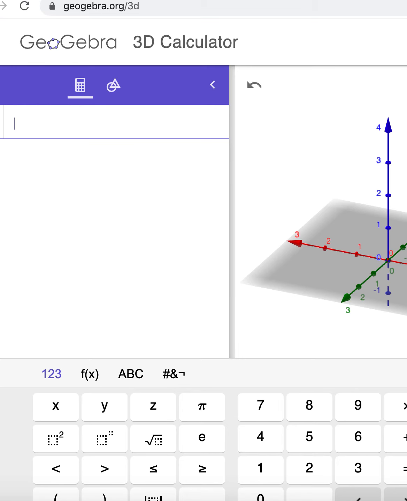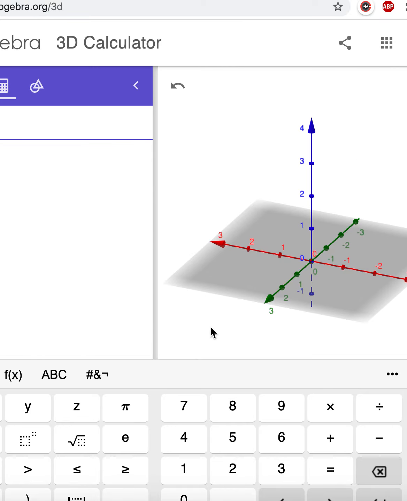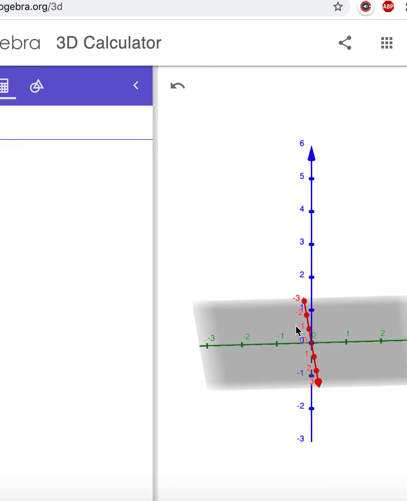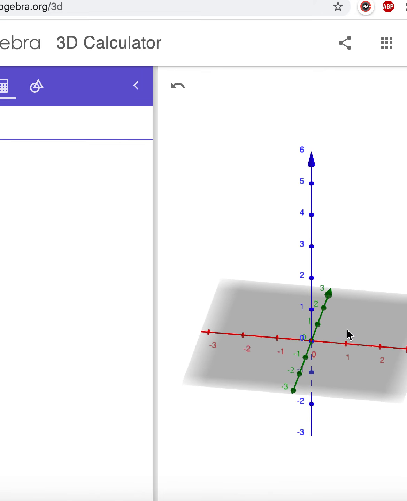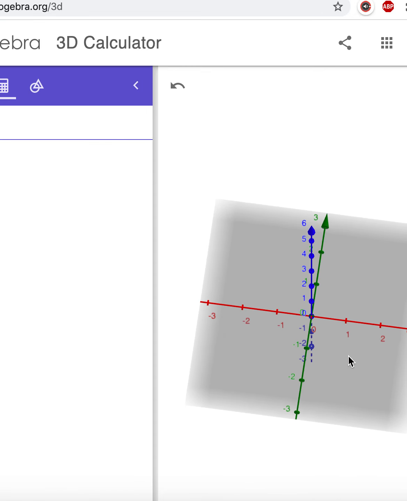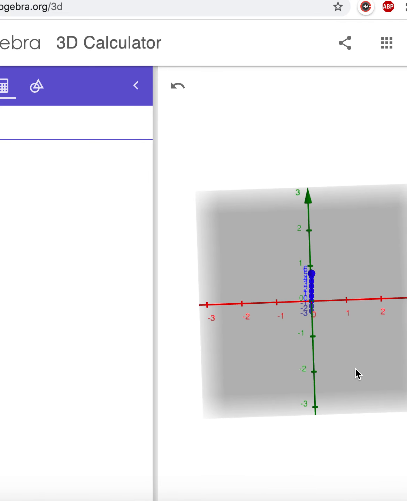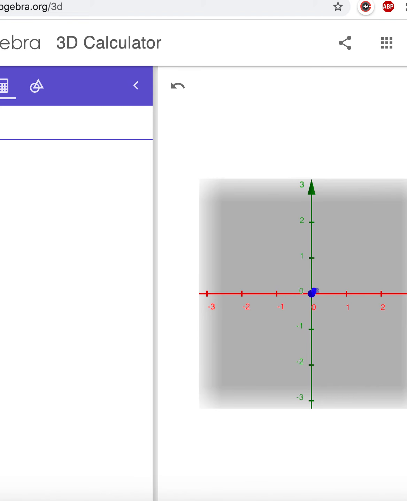Now, the first thing is let's look at these axes here and see how they're defined. The red is our positive x-axis. The green is our positive y-axis. And the blue is positive z. You can imagine this as if somebody took a piece of paper and laid it down on a table. Here is how we normally look at the x and y axis.